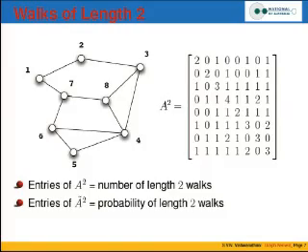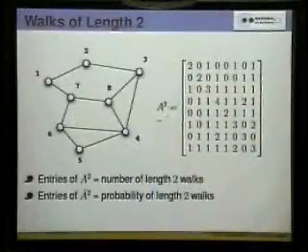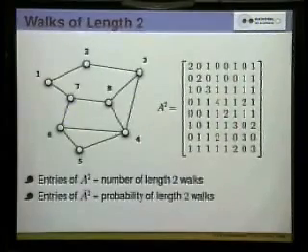Now, if I give you a graph and I tell you find for me or count for me all the walks of length 2, how can you do that? There's a simple trick, and this is a very key insight actually. This is an insight that I'll use for most of the talk. If you take the adjacency matrix and you square it, so you multiply the adjacency matrix with itself, then you can see that it counts the number of all 2-length walks between any 2 vertices.